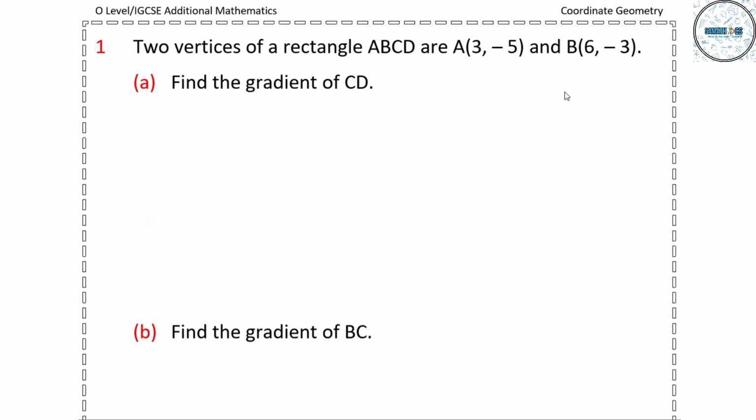As it is a rectangle, if we draw a rectangle, suppose this is A, B, C, and D. All the angles are right angles.